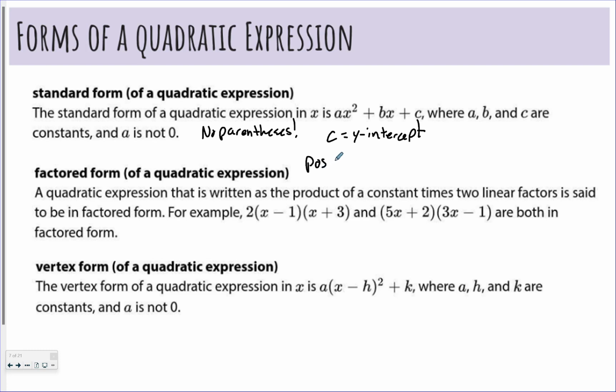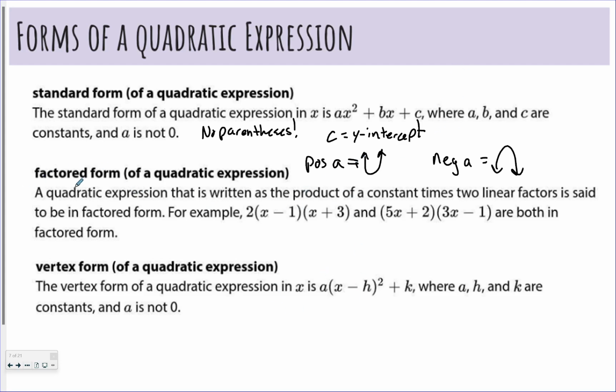A positive a means that you get a parabola that opens upward like that. A negative a means that you get a parabola that opens down. And that's going to be true among the other forms as well.